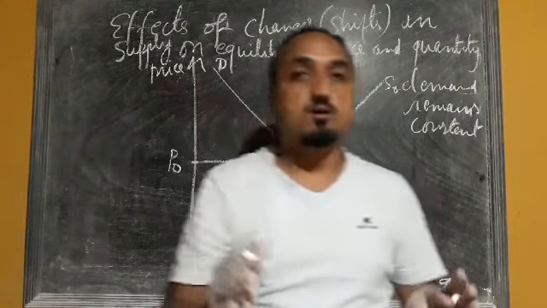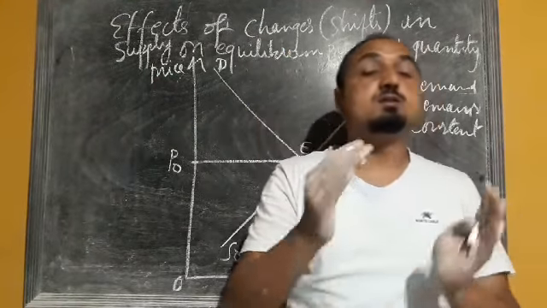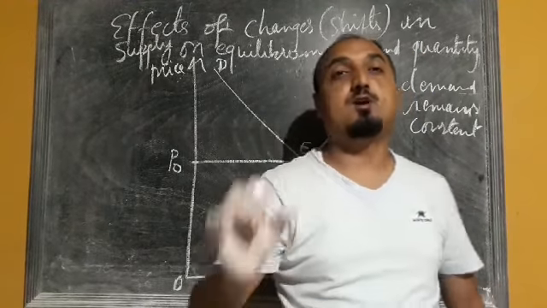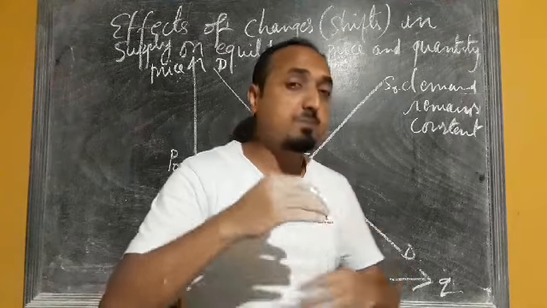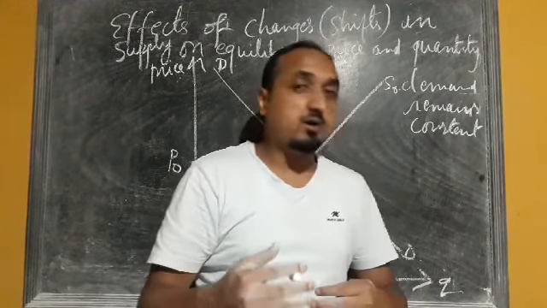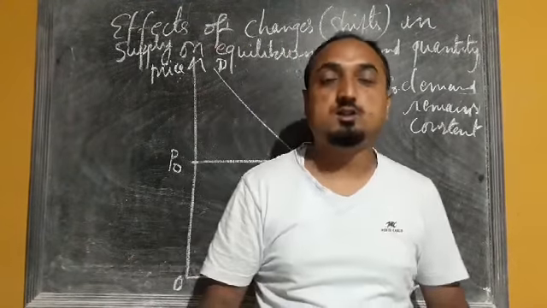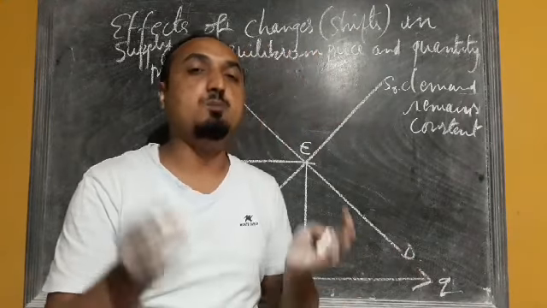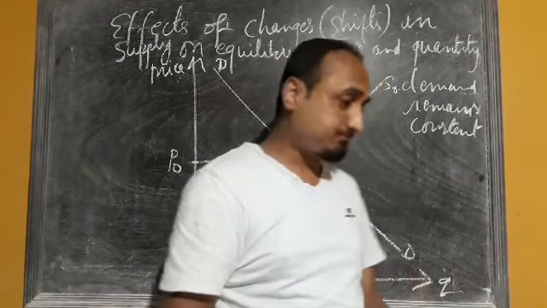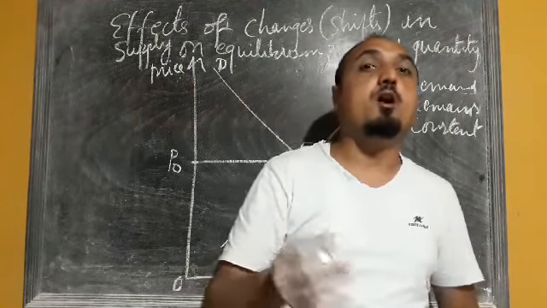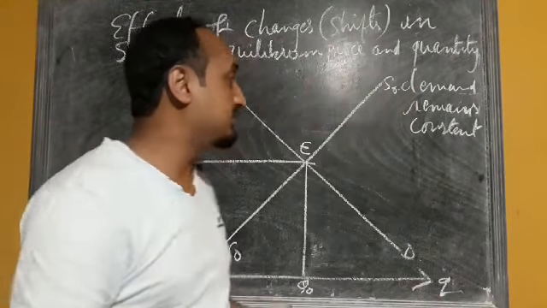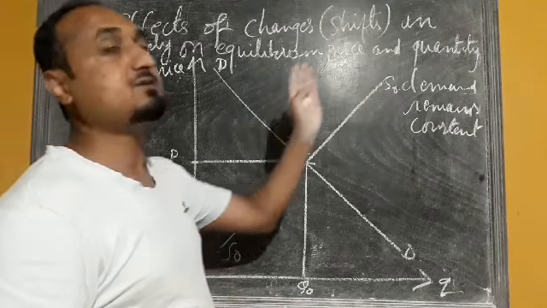Now here we are going to discuss the impact of shift of supply. Now suppose say if supply increases due to improvement in technology, due to decrease in the input prices, due to improvement of taxation and subsidy policy of the government, so supply curve shifts rightward.